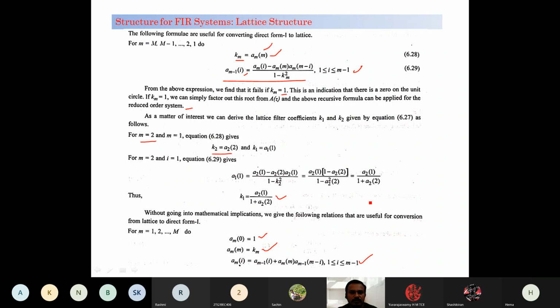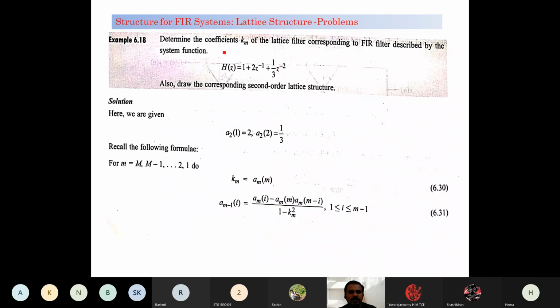Let us go for one example. Determine the coefficients k m of the lattice filter corresponding to the FIR filter described by the system. What is given? It is a second order filter, so we need to go for the second order lattice structure.